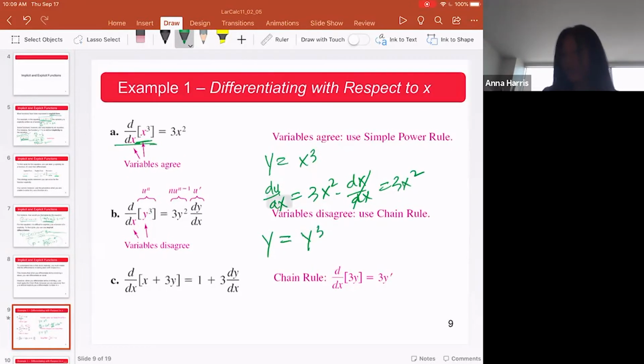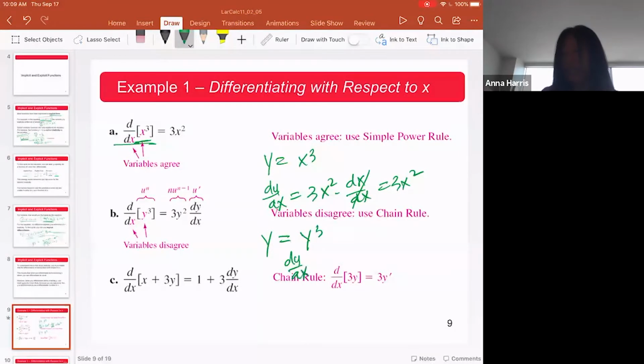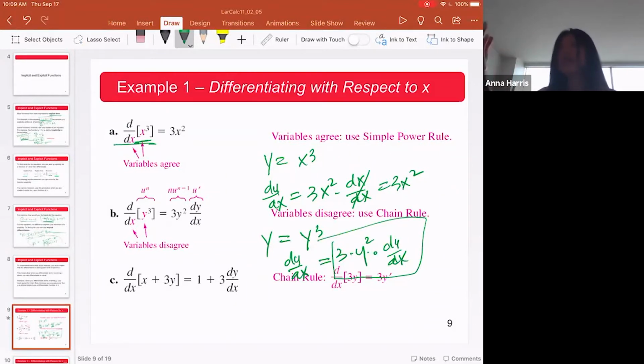This case, dy dx is equal to 3 times y squared times, since I'm taking the derivative with respect to x, dy dx. So when you're taking the derivative of a y, you get a dy dx.